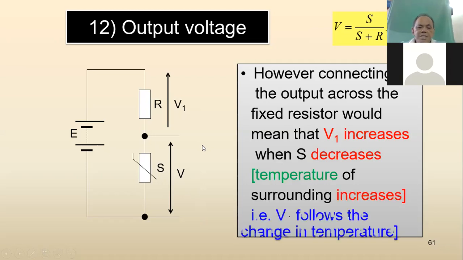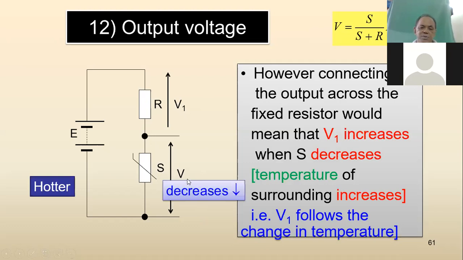So it's important that we connect our output across R rather than S, because we want the increase in temperature to be reflected as an increase in voltage. So hotter, a decrease in resistance here, but there's an increase in V1 across R.